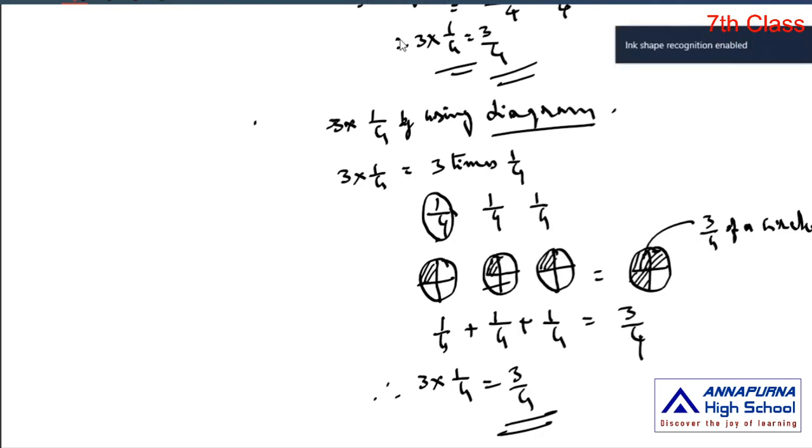So let us do one more example. Let me explain. This is example 2. Let us find 2 into 1 by 4. 2 into 1 by 4.